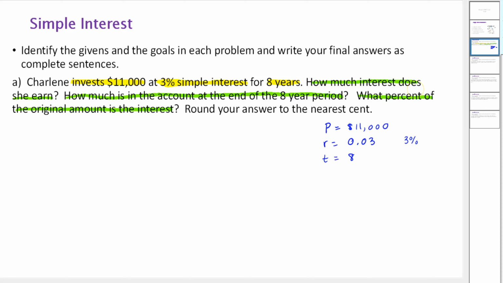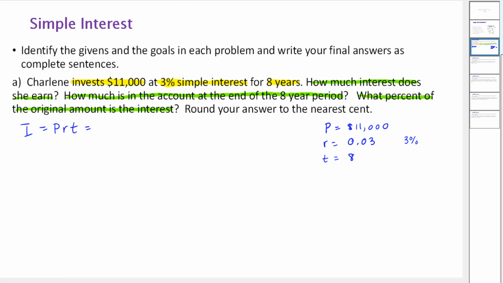she earns. So the formula from the slide was interest equals P, r, t. These letters are written next to each other. That's called juxtaposition, and in mathematics, that means that we're going to multiply each of these quantities.